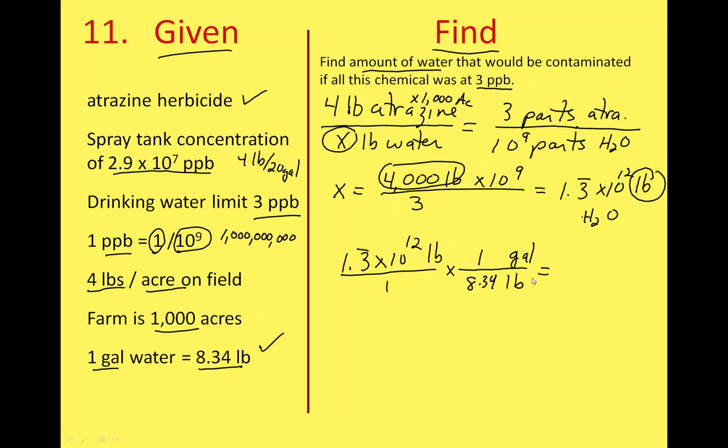And so by using this conversion factor, we end up with 1.60 times 10 to the 11th gallons of water needed to dilute it. And this amount of water, from the ABC choices in the problem, is going to be approximately the size of a large lake in New York, one of the Finger Lakes.